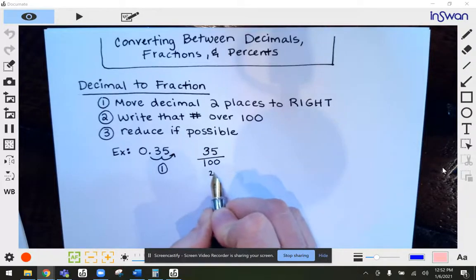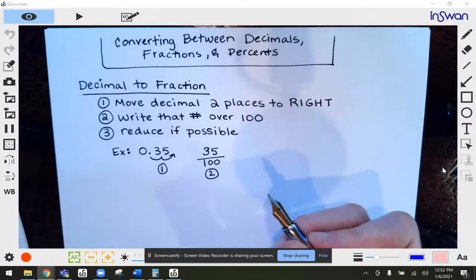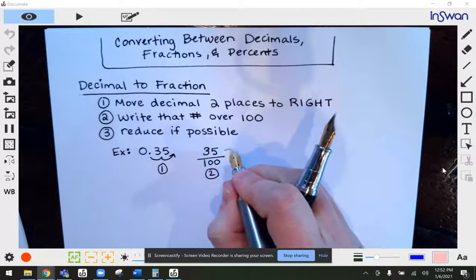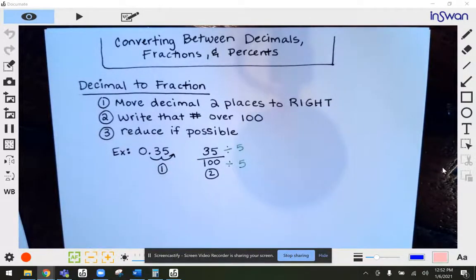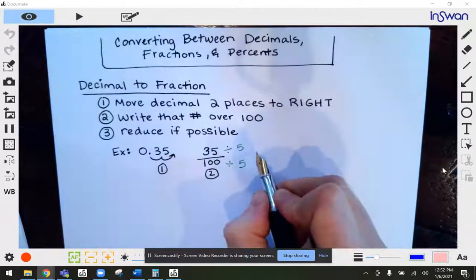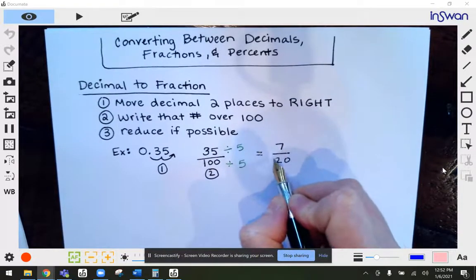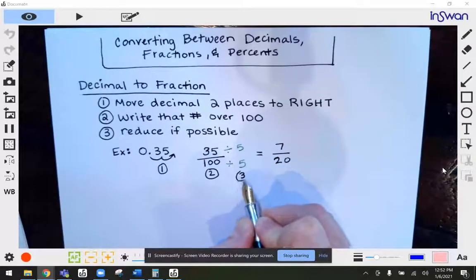So that was step two. And then step three would be to reduce if possible. And I can see both these numbers could be divided by 5. So when I reduce, that would be 7 over 20. So that would be step 3 there, the reducing.